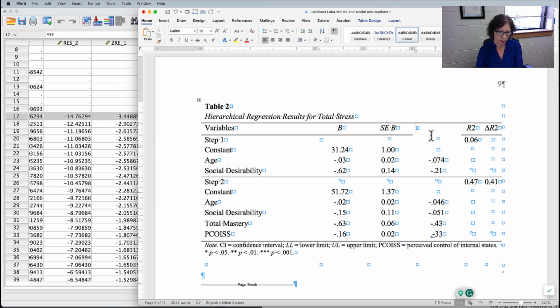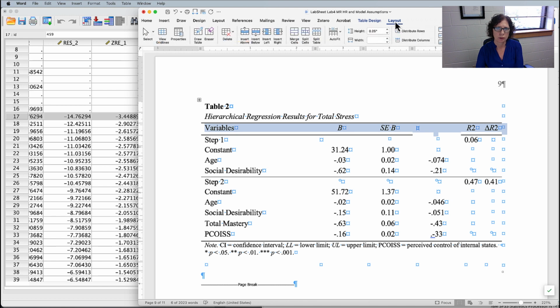So I hit delete to delete that extra return. And I'm going to want this line on the bottom too. And make sure everything's like top aligned here. Looks like it, but I'm wondering about that. So I'm going to do a bottom border there.